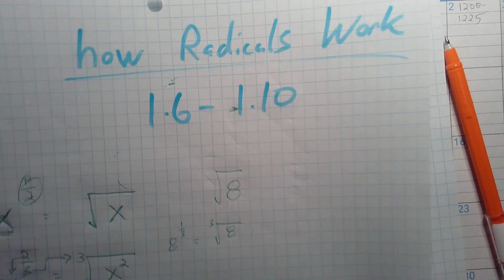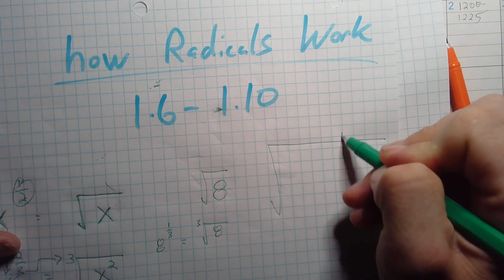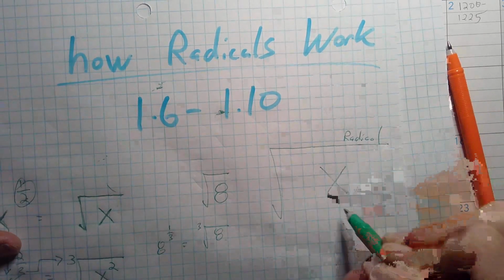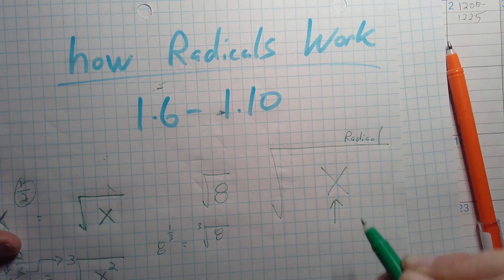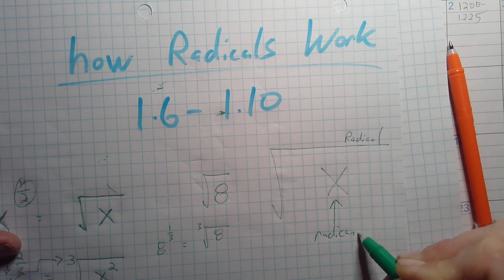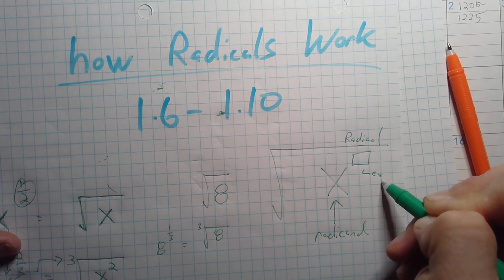So, real quick recap. This is the radical. This is the radicand. This is the exponent of the radicand.